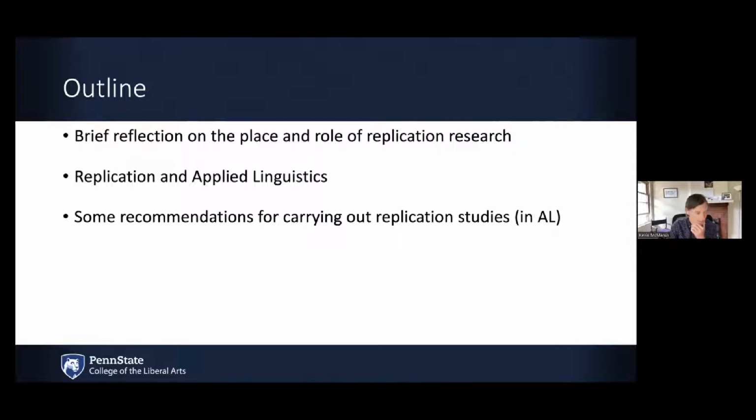So I'm going to start, as I said, by thinking about how replication research could play a role, or how it needs to play a role, in our everyday conversations and thinking about what it means to learn and use an additional language.